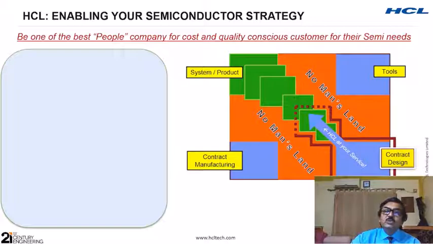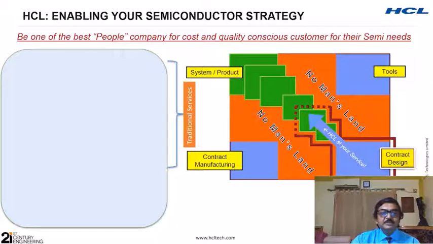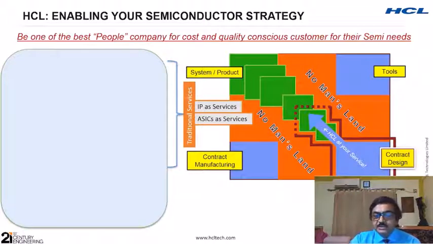We have the EDA tools on one side, we have the contract manufacturing, and we have the systems and product. In conventional design services, we have IP as a service, or ASIC as a service, or systems as a service.